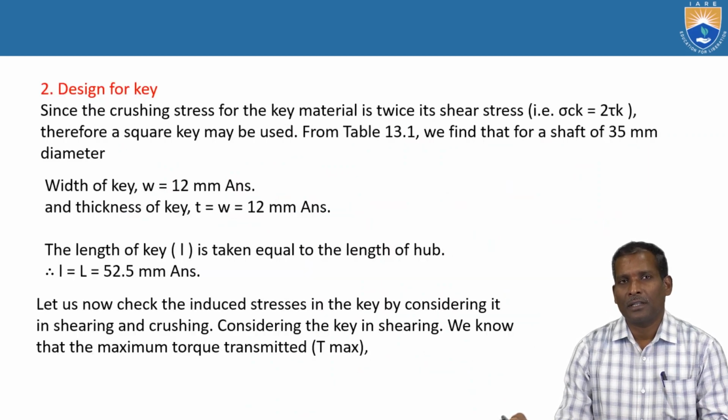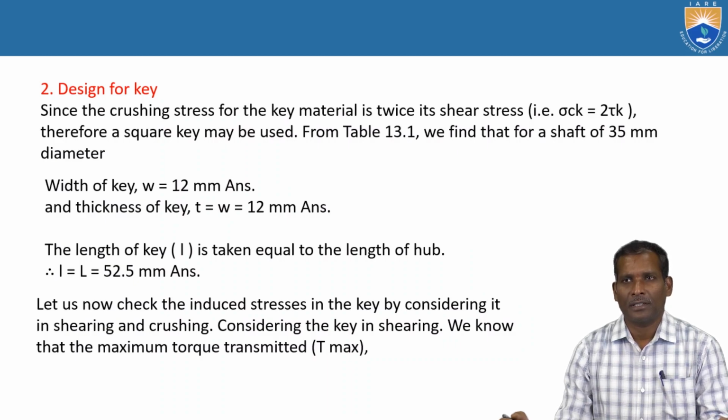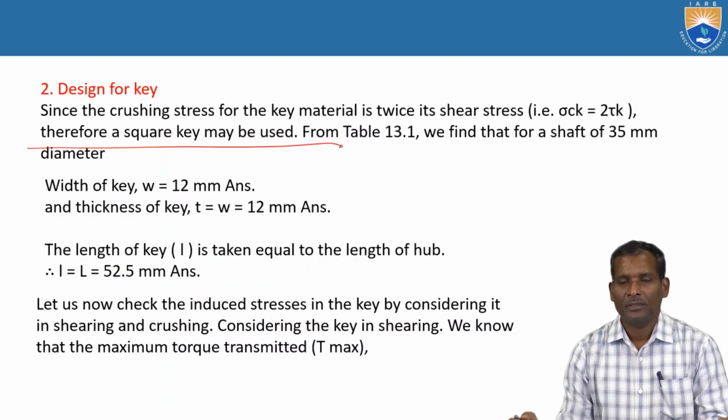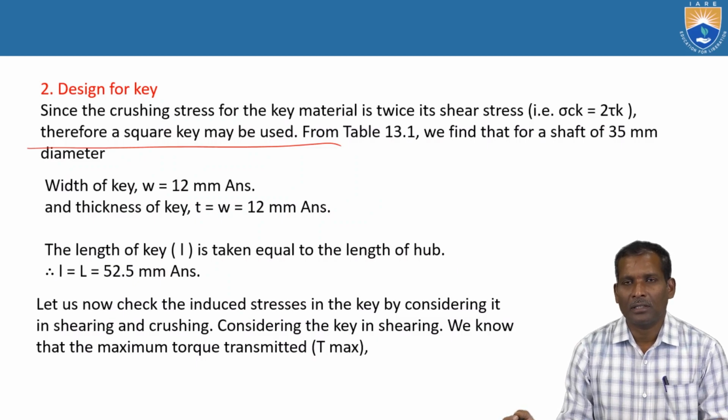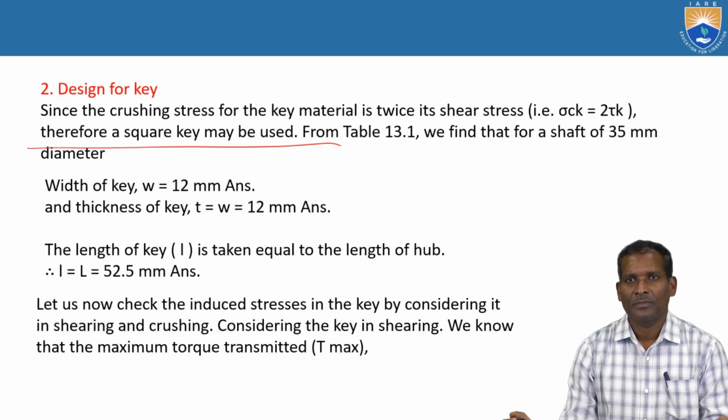Next, the second step is the design of the key. The key dimensions depend upon the diameter of the shaft. Here the crushing stress for the key material is twice its shear stress, so in this case you may assume the type of key is a square key. Suppose the crushing stress is not twice its shear stress, then you may assume another key, like a rectangular key.